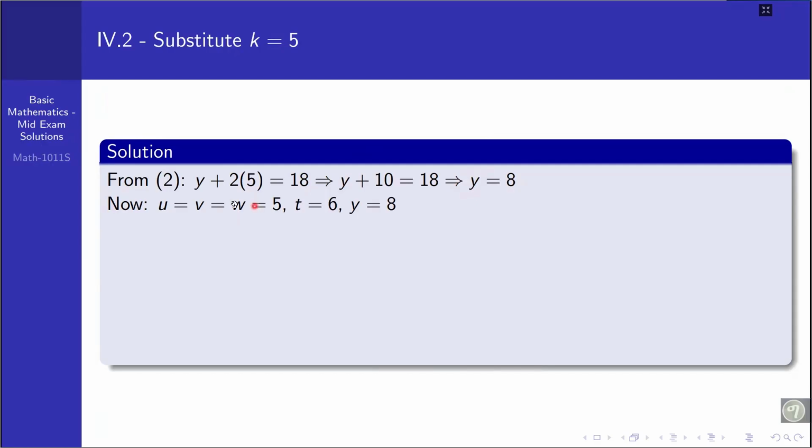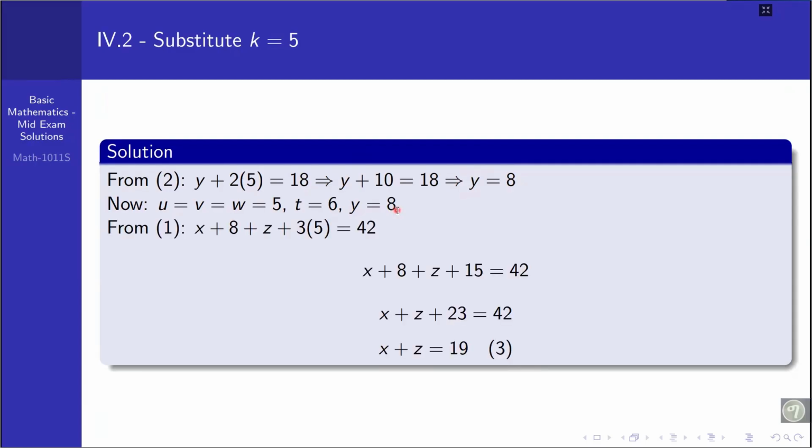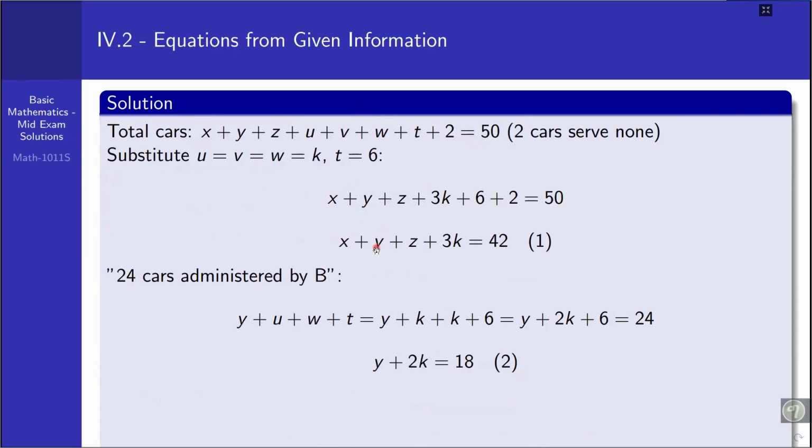Now we have U is equal to V is equal to W is equal to 5, so that T is equal to 6 and Y is equal to 8. Then from the first equation, X plus Y plus Z plus 3K is equal to 42.